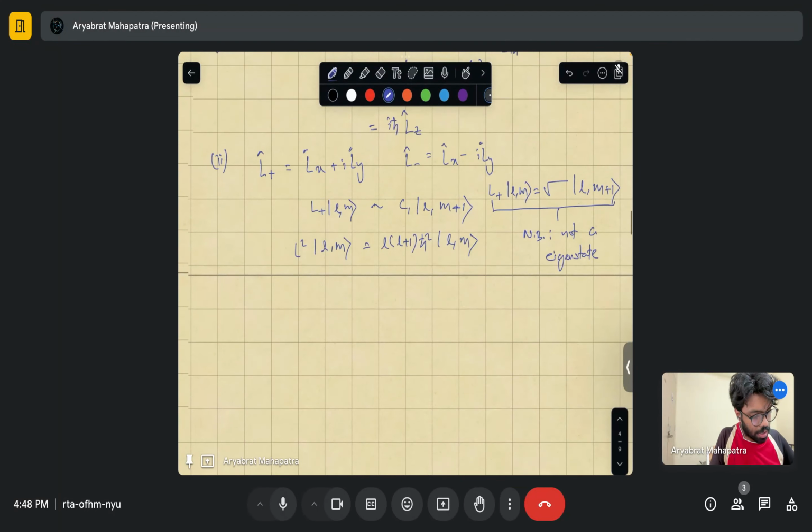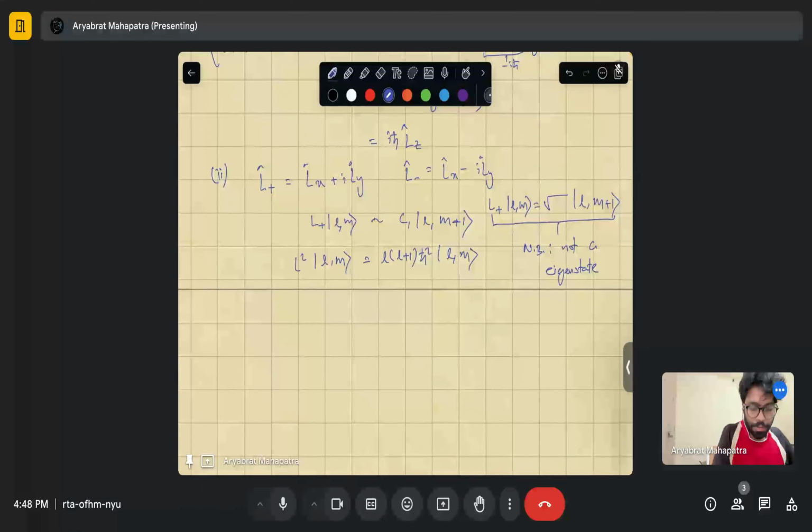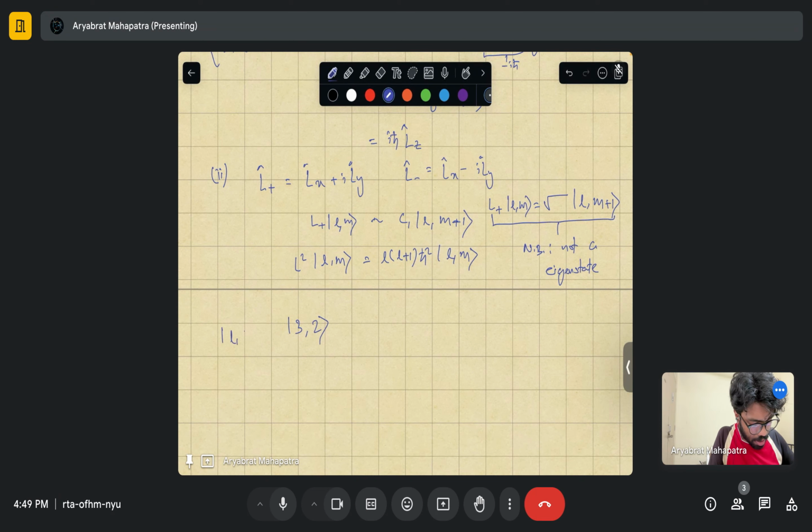These L plus operators are inherently designed to raise your angular momentum state. For example, if you have a hydrogen atom with some state, let's say 3, 2, that is your L m state.